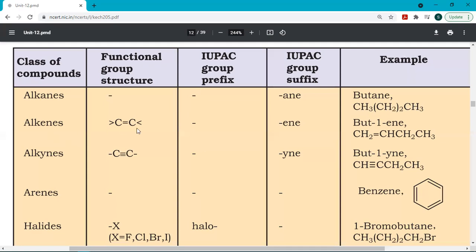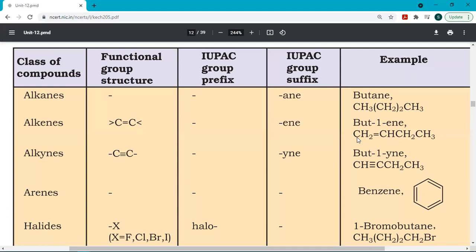In alkenes we used to see double bond between the carbon. Okay, carbon double bond is present, in which we used to assign ene. Okay, your suffix will be ene. Example, but-1-ene, because at first place we have double bond. Okay, so we'll start nomenclature from this side. हम इधर से counting करना start करेंगे.